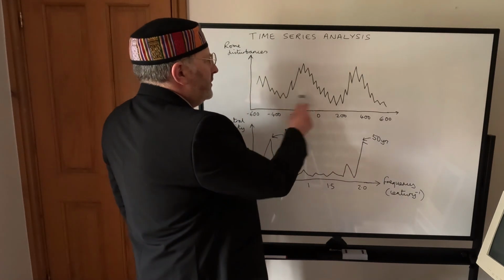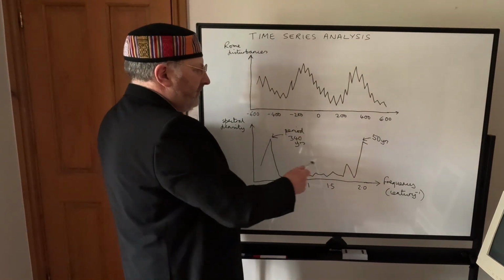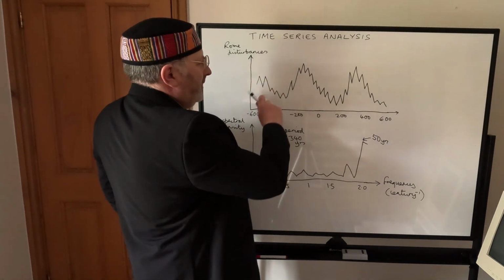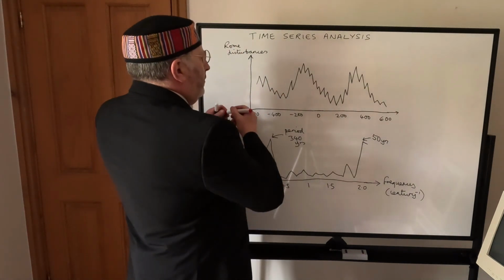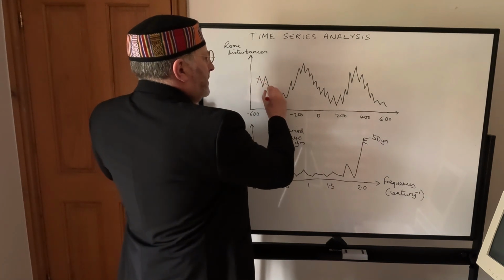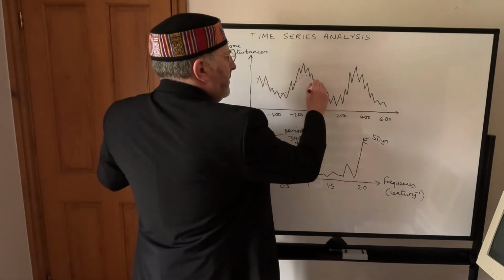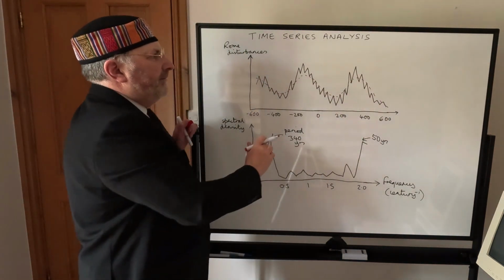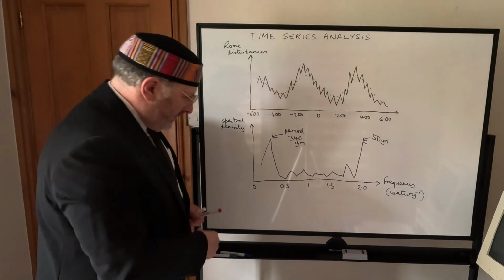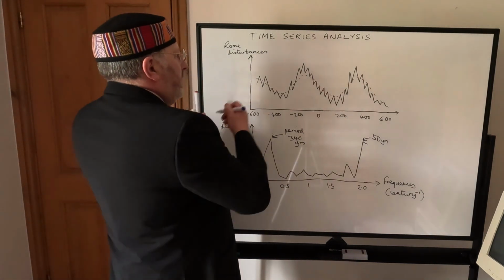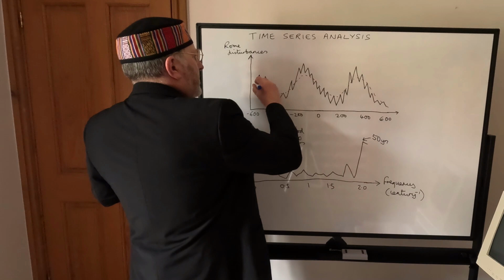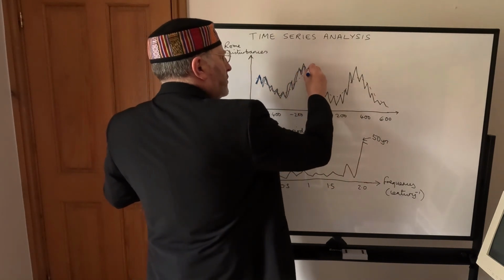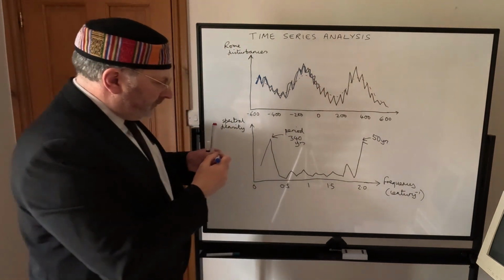And what we can see, now we've got that understanding in this chart, is that if I perhaps draw it, there is the 340-year oscillation, and here is the 50-year oscillation superimposed on that.